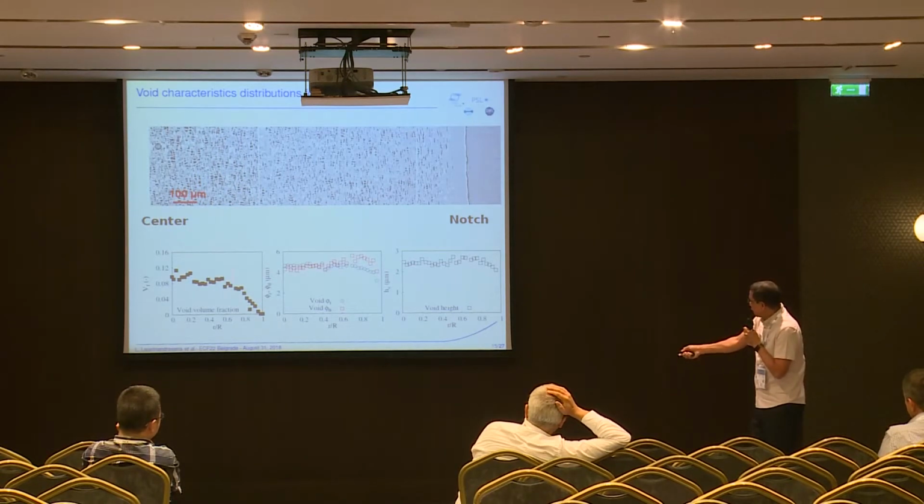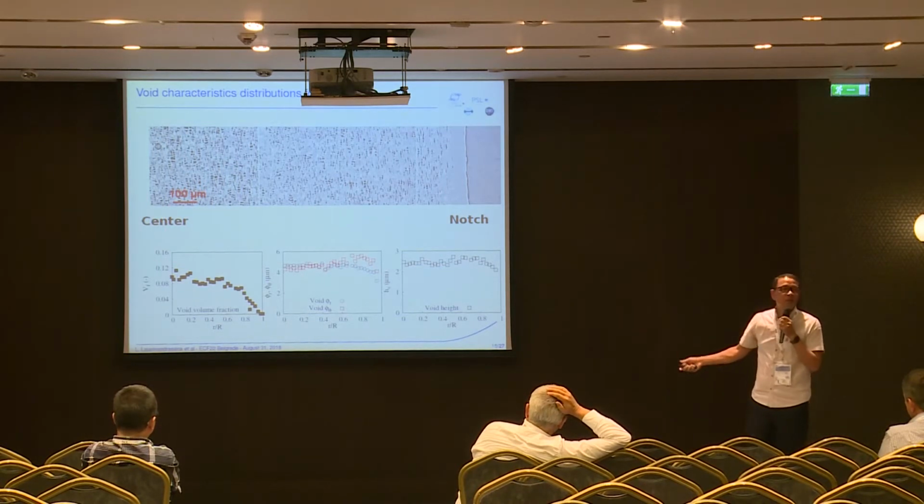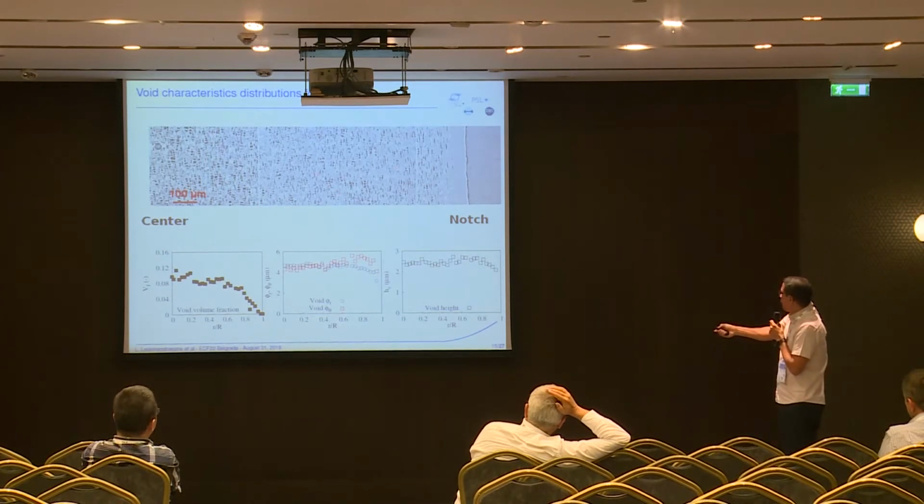So you can deliver this curve where the void volume fraction is plotted against the normalized radius from here to here. You can see here that the void volume fraction is maximum in the center of the specimen. We have measured also the average height and the average diameter, so we have these data available.